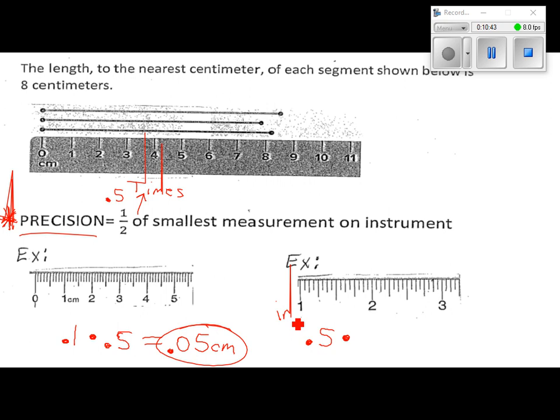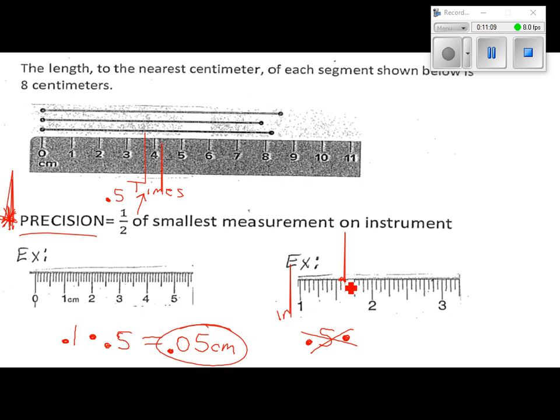Then it could go on to 32nds, and so on. So each one of these little spaces counts as what part of an inch? If I go from here to here, what part of an inch did I go? 1/16.